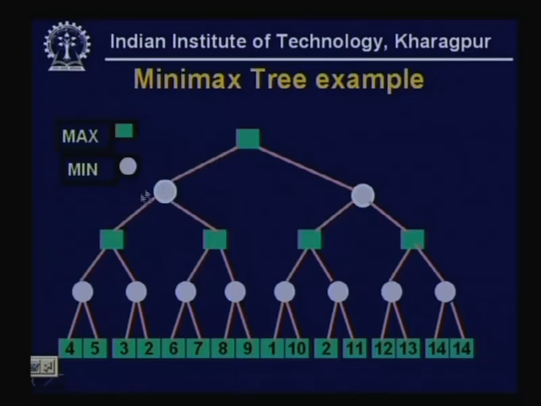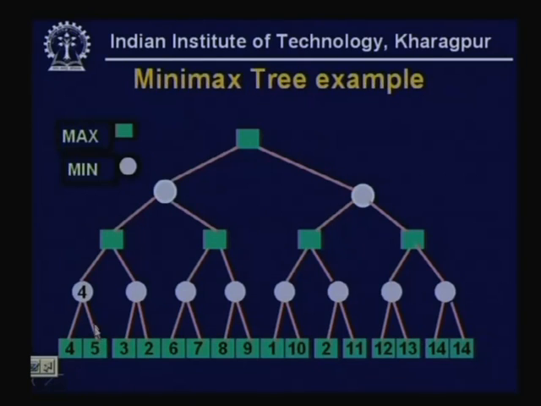Now, when depth first traversal occurs, first this leftmost leaf will be evaluated. Its value is equal to 4. Therefore, the beta value of this min node is equal to 4, that is, the value of this min node is less than or equal to 4.